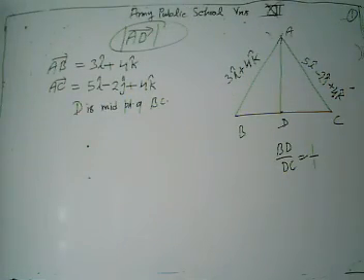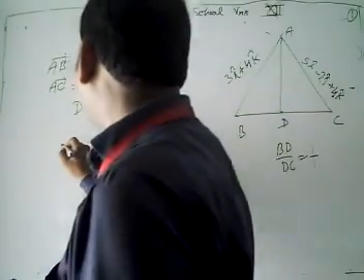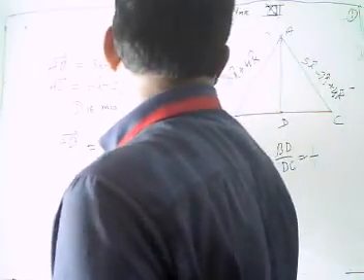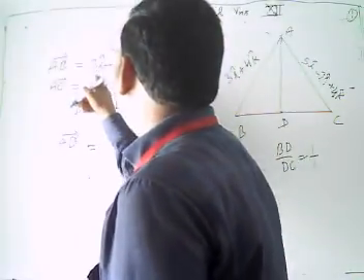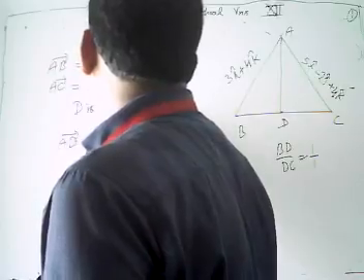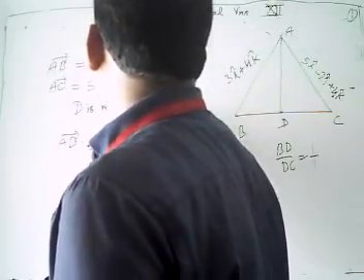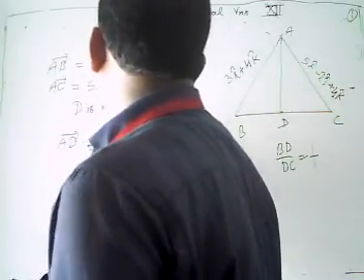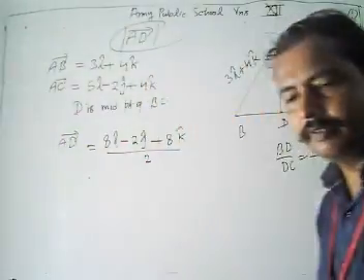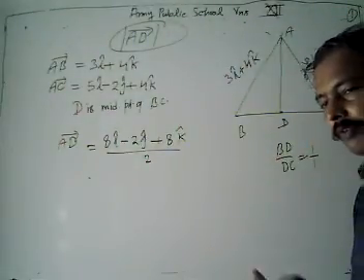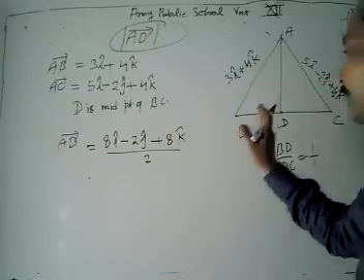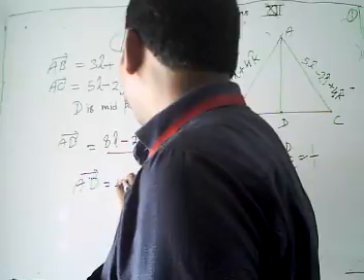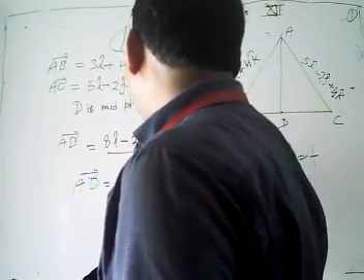We get vector AD by using the midpoint formula, half of vector AB plus vector AC. Adding, 5 plus 3 is 8i cap, there is no j, then minus 2j cap, plus 4 plus 4 is 8k cap, divided by 2. Finally, after dividing by 2, we get 4i cap minus j cap plus 4k cap.